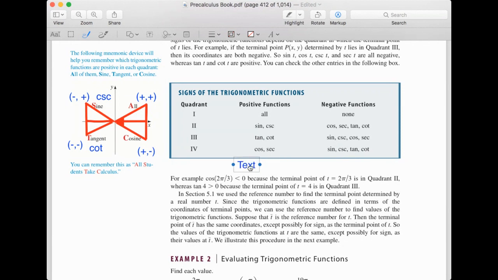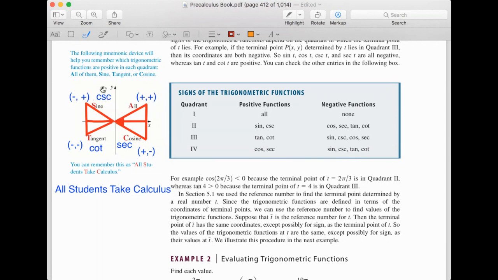Then fourth quadrant, cosine and secant are positive. So how do we try to remember this? That's one thing: All Students Take Calculus. People use this to try to remember this. So All means everybody.